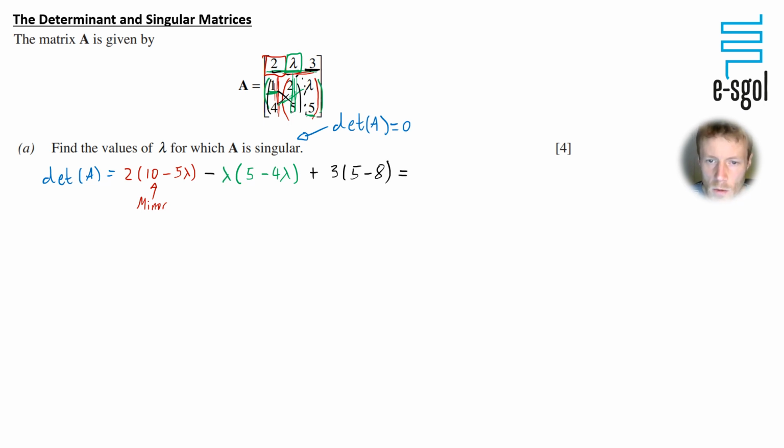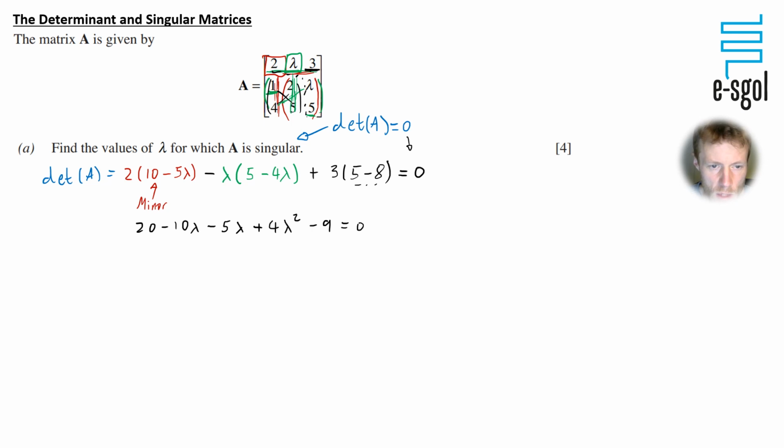This should equal 0 because the determinant is 0 since it's singular. Let's multiply this out and see what we've got. So we've got 20 minus 10 lambda minus 5 lambda plus 4 lambda squared. And then here we've got 3 times, well, this bit here is negative 3, so we get minus 9 equals 0.